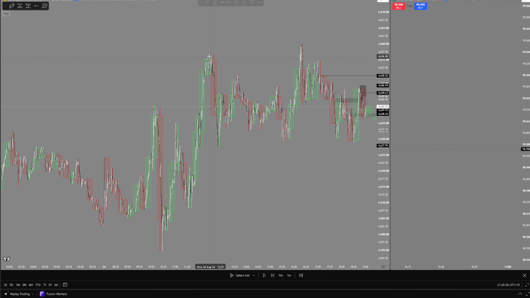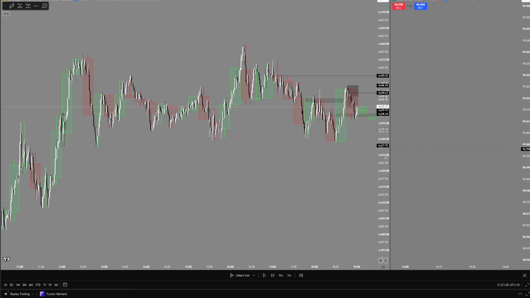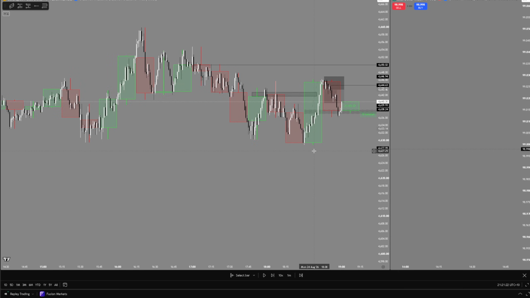But from this area, it's just a really decent range. I trade 15-minute reversals, and my higher time frame is like 8 hours. That's still a pretty decent range from where I traded from. It's all ranging, and that's good.